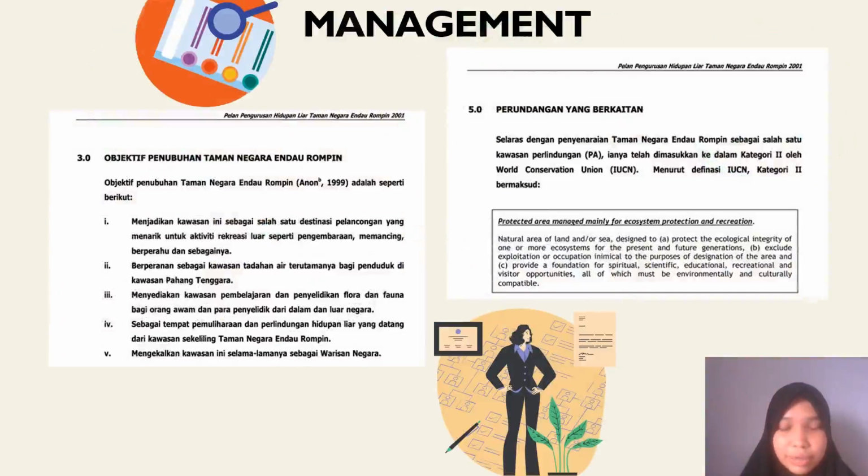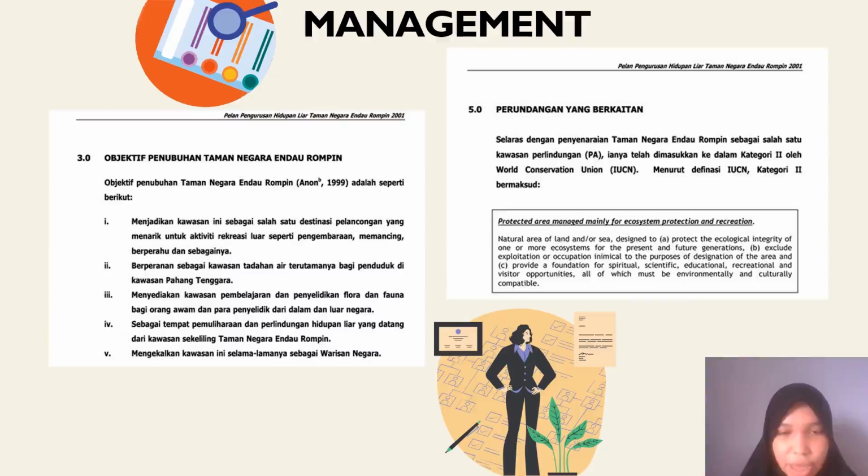Because it is a protected lowland tropical rainforest, it undergoes management, which is on your left side. You can see the establishment objectives of this place. The first one is to make this place an attractive tourism site.